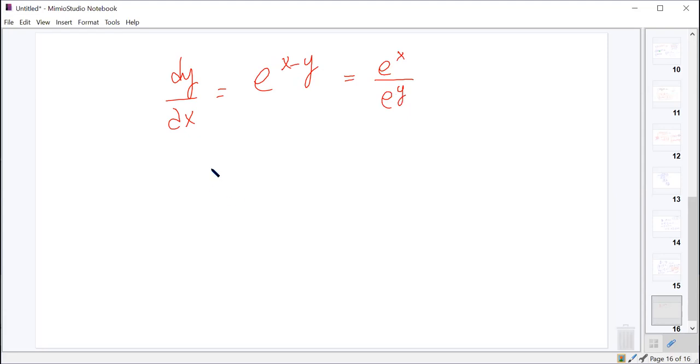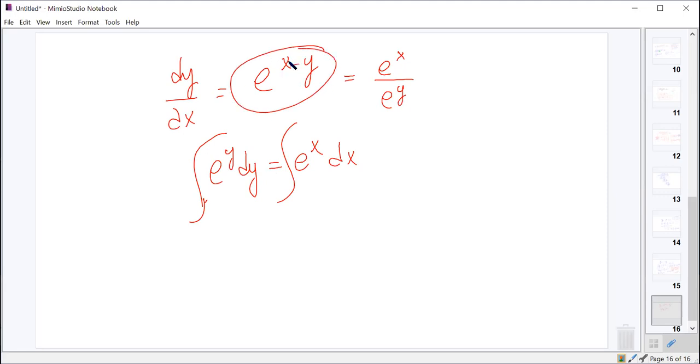In which case, we can get e to the y dy equals e to the x dx, and then integrate and solve. Right? So sometimes they will do something like that where the variables are being added or subtracted in a power. Just make sure that you're aware that those can be rewritten as a product or a quotient, and that then you can separate the variables.